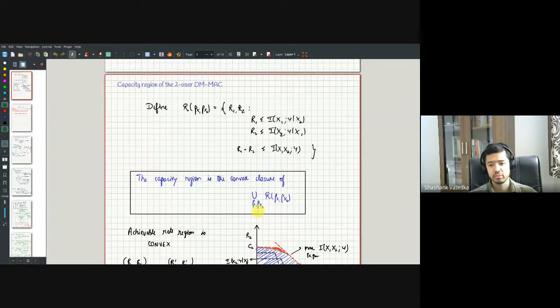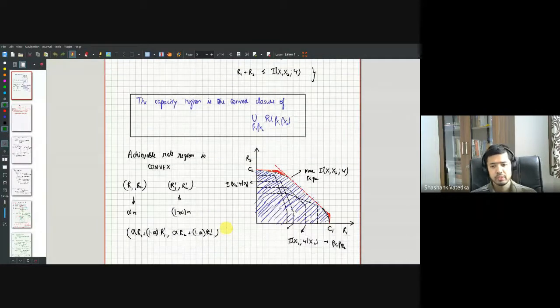So take the union of all possible pentagons, where each pentagon is described by the following inequalities on the rate. And you take the convex closure of the union of all of these pentagons. That gives you the capacity region.